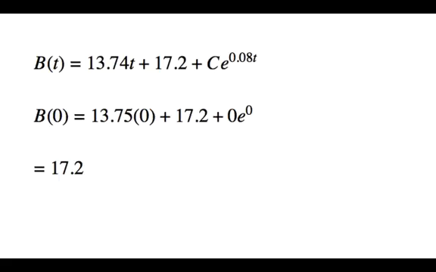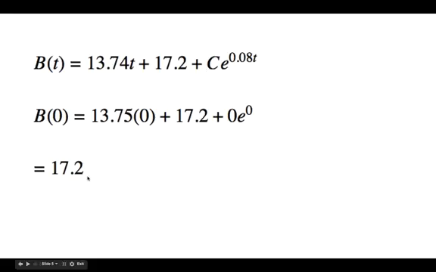So what we're going to do is we're going to have our solution that we just got in part A, and we are going to set c equal to 0 at time equals 0 in order to find our initial condition for b of t. So when we plug in 0 for t and plug in 0 for c, we get 17.2.